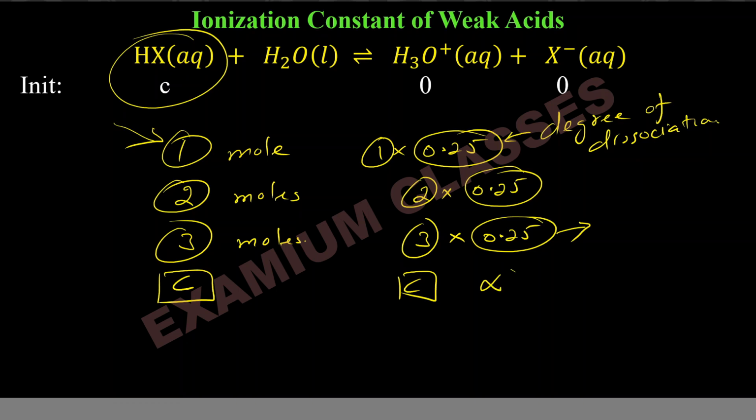So it means this whole part which will get dissociated, which is actually X, is C alpha now. So if I have 1 mole, only alpha will get dissociated. If I have 2 moles, 2 alpha. If I have 3 moles, 3 alpha. If I have C moles, then C alpha will get consumed, will get dissociated.